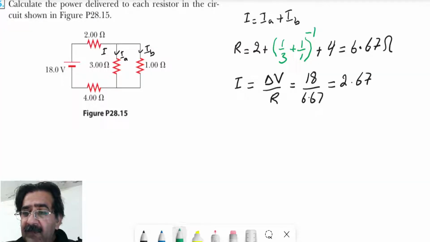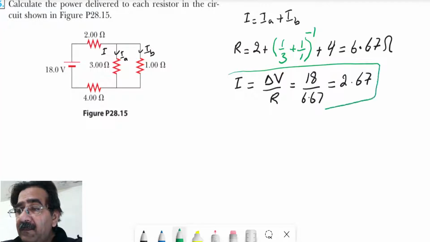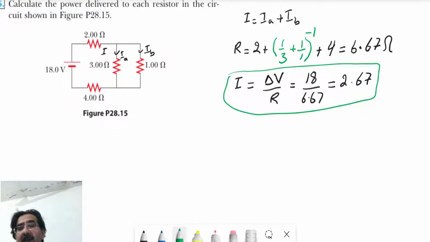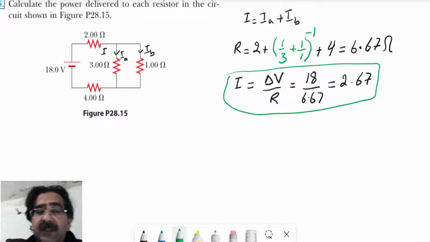Okay, so we have to calculate the power delivered to each resistance. This will be our I. Now I have to calculate the power delivered to the resistance.